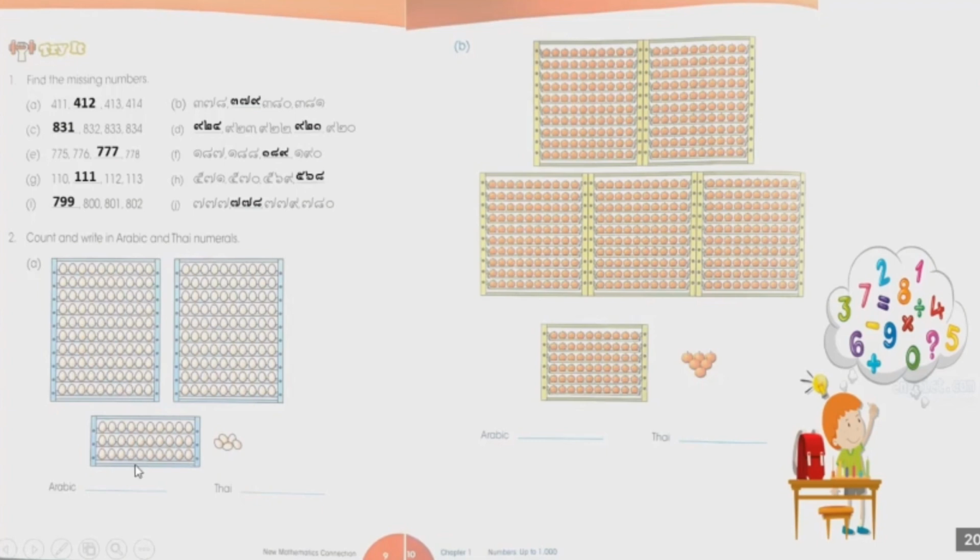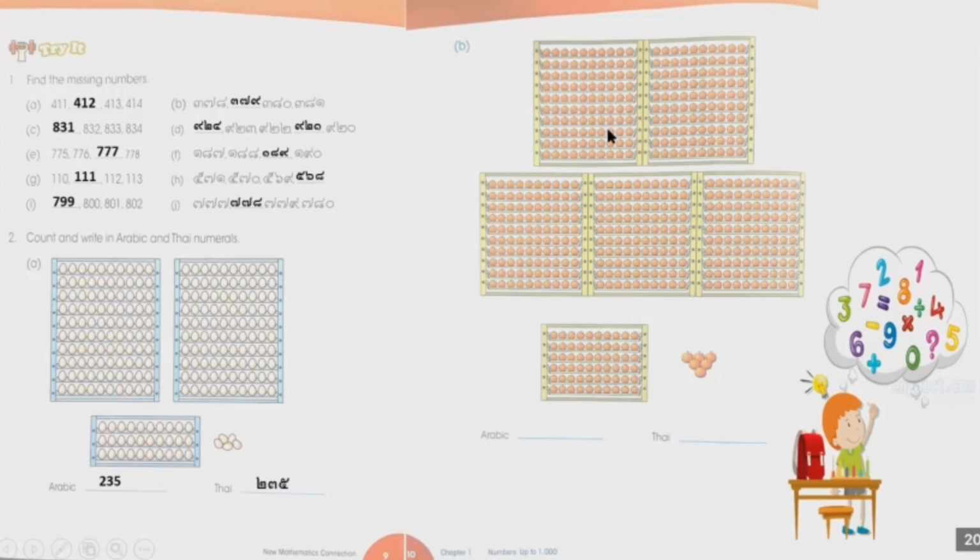So 230. But there are other eggs here. How many eggs are there? Let's count together. 1, 2, 3, 4, 5. So that means 235. Here in Arabic numeral, and the other side in Thai numeral.